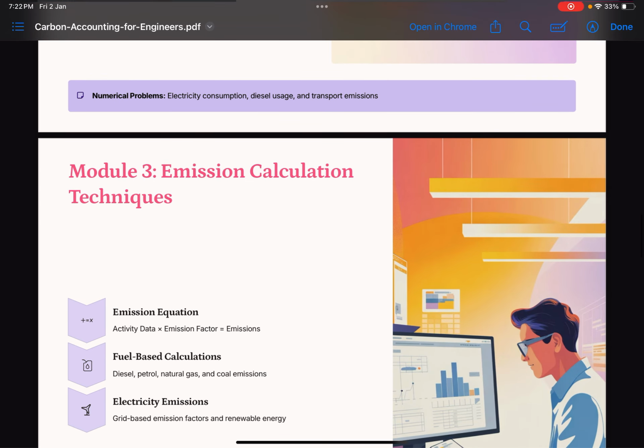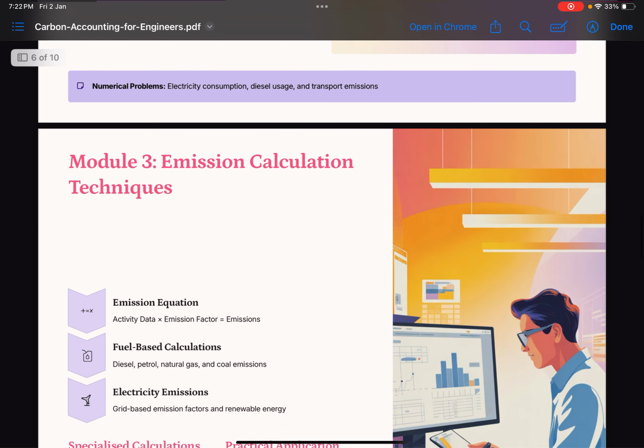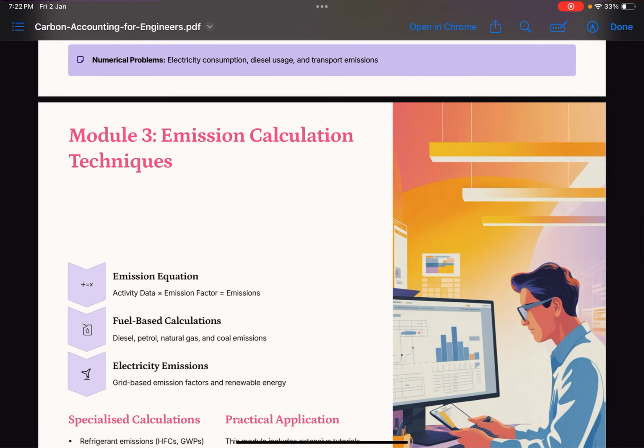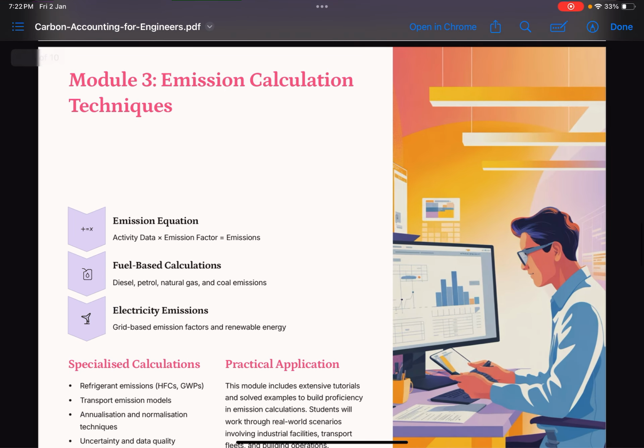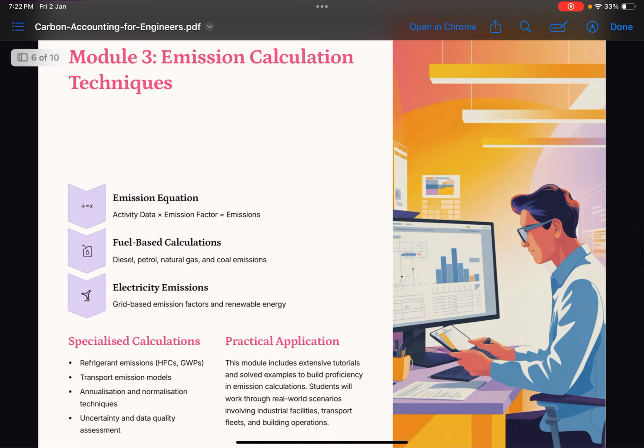Module 3 is on the calculation techniques, wherein we would be doing some specialized calculations like calculating the emissions arising from transport, arising from refrigerant leaks, and emissions analysis from the activity data.